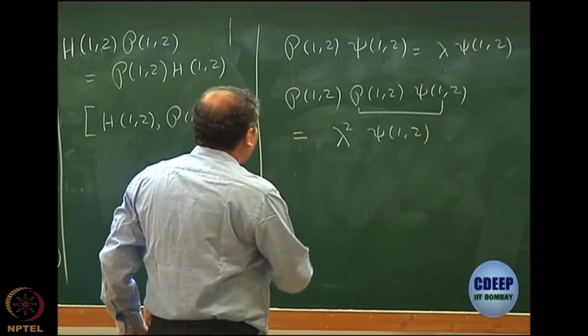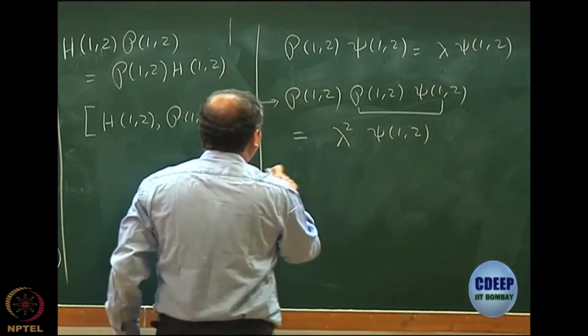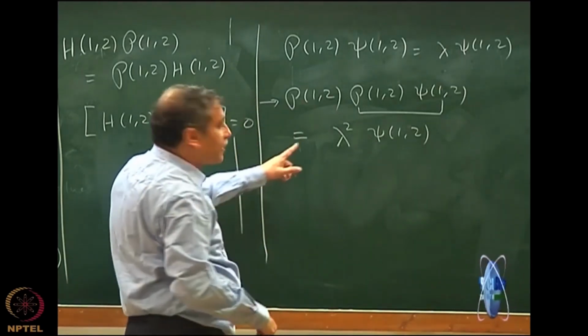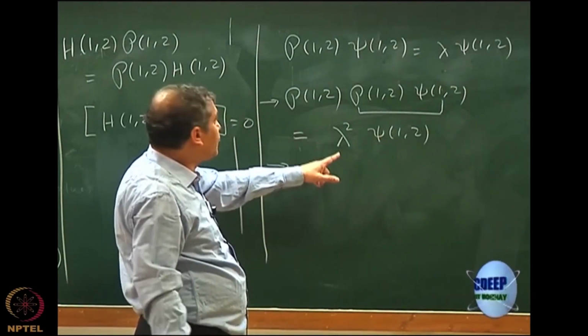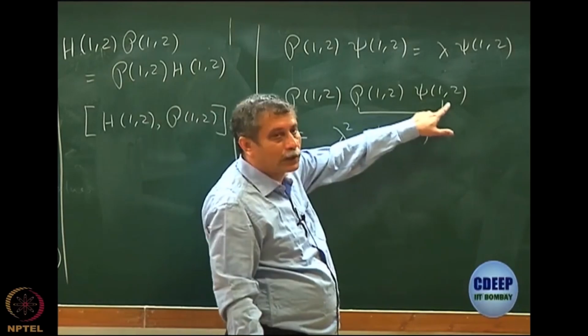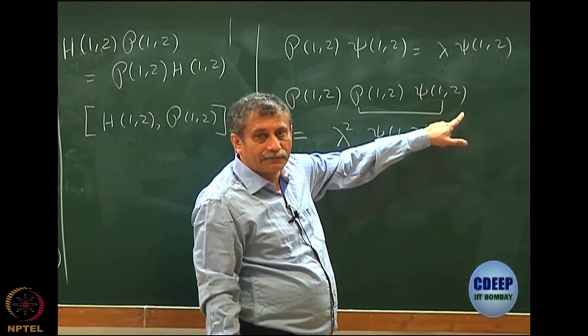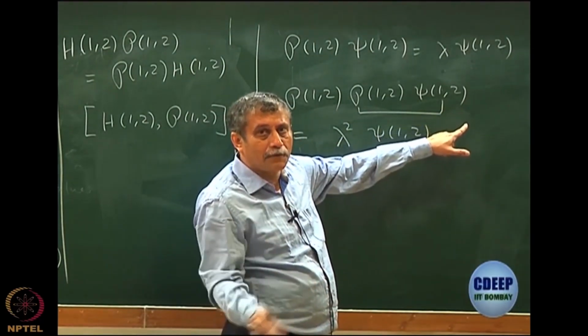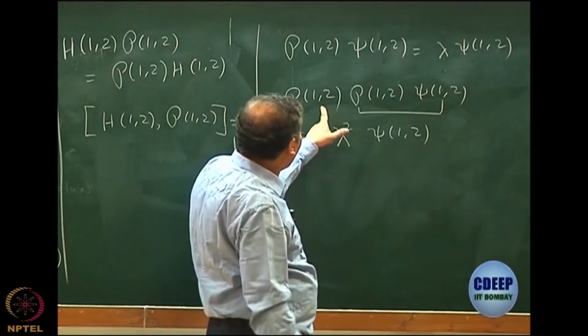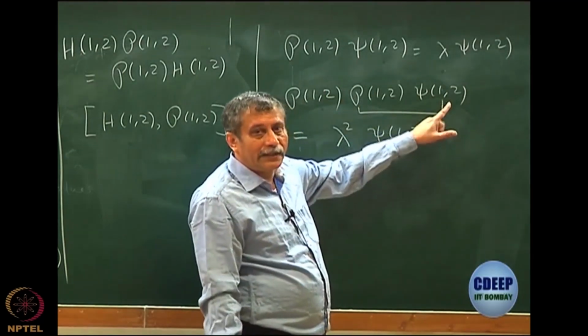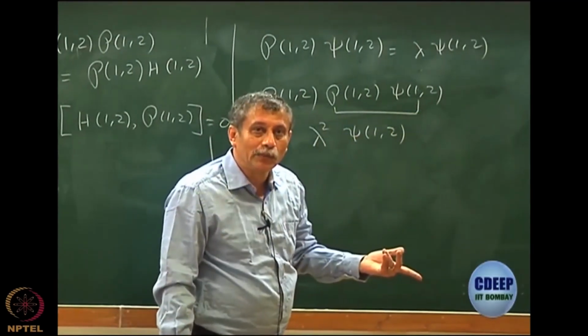On the other hand, if I analyze the left hand side, by definition, you remember if P12 acts on psi12, it becomes psi21 for any arbitrary function. So, it will be true for eigenfunction as well. Then P12 again acts on psi21, it will bring it back to psi12. Right.